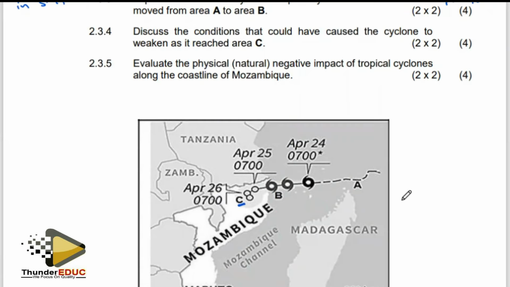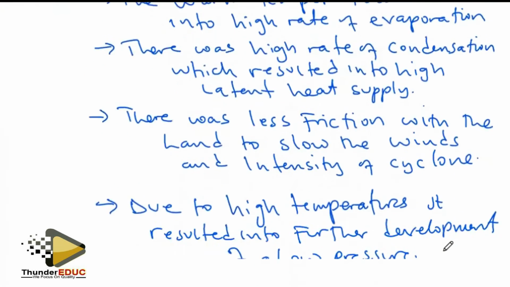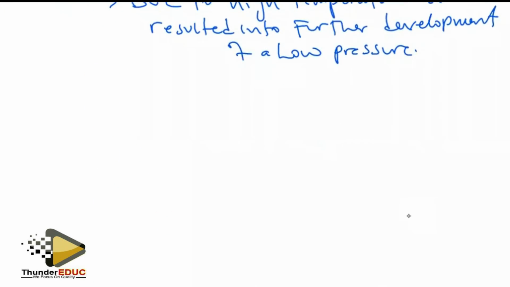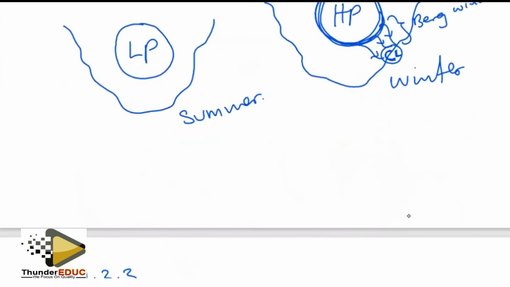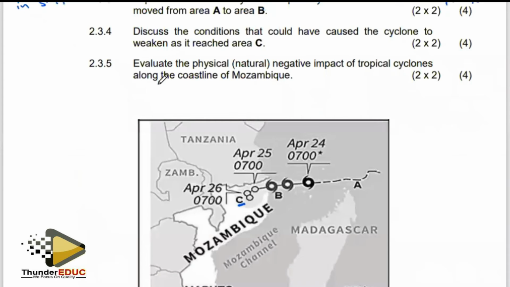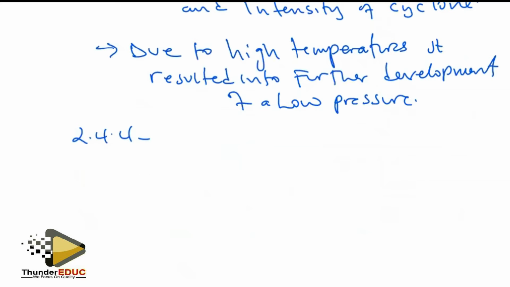All right, let's go back. Discuss the conditions that could have caused the cyclone to weaken as it moved to area C. This is 2.3.4.